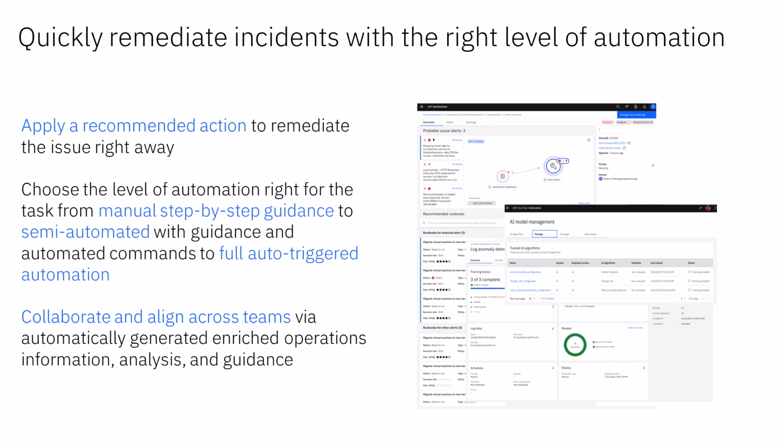And these range from manual step-by-step guidance to semi-automated with guidance or fully automated commands to fully auto-triggered automation. All of this helps for collaboration and alignment across teams via automatically generated, enriched operations, information, analysis, and guidance.